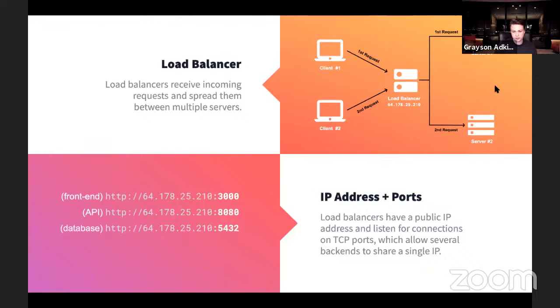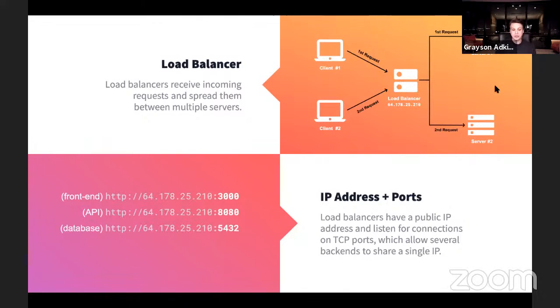Load balancers, as you can see in the diagram, have IP addresses, and you're probably familiar with this concept. But what a lot of developers are not familiar with is how IP addresses work in conjunction with ports. So load balancers have a public IP, which is what you're hitting when you visit a site, and they listen for connections on TCP ports, which allow several backends or services to share a single IP.